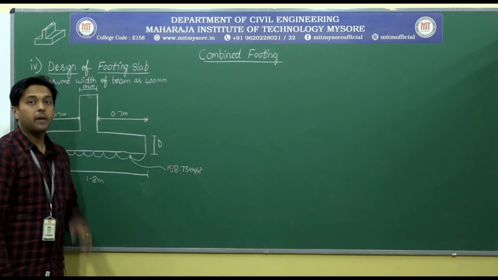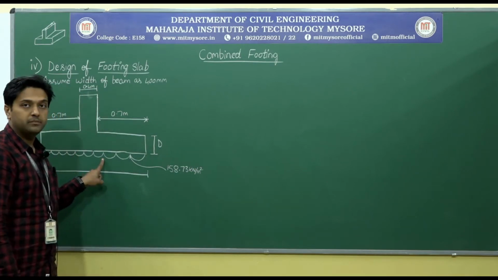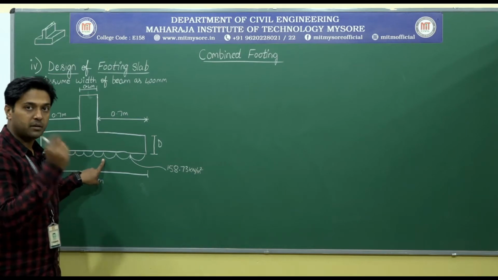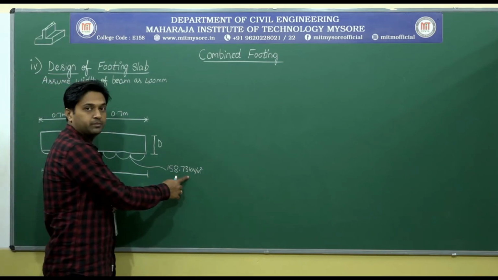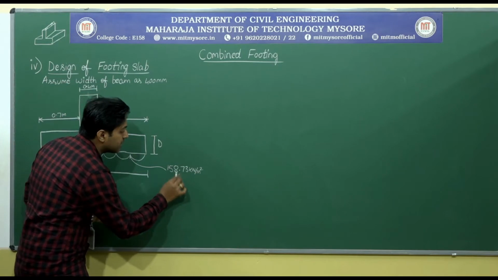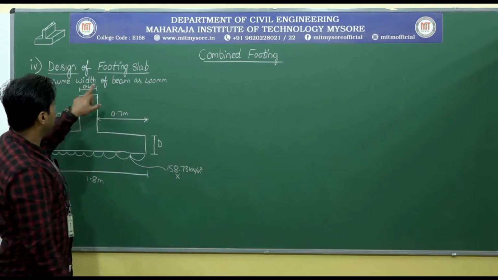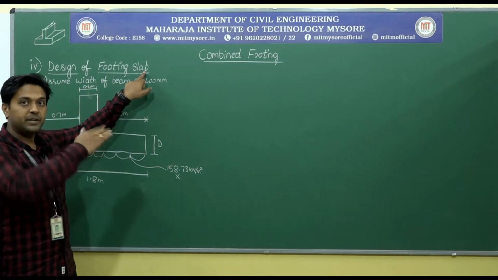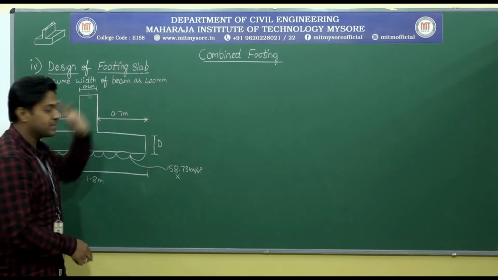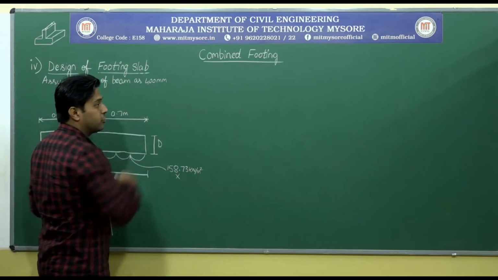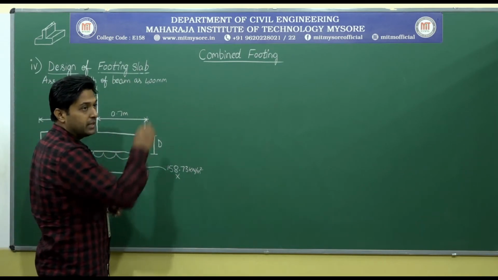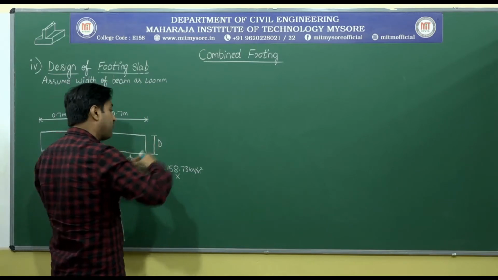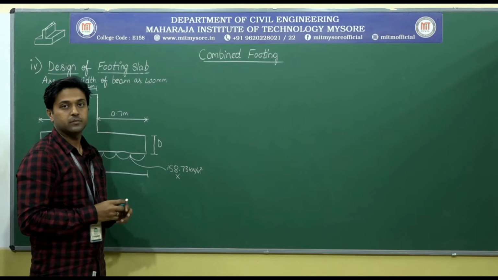Please remember, as it is a UDL, the unit of UDL is kilonewton per meter. I need to convert this by multiplying it with some value. It is the footing slab. In the previous calculation of the BMD and SFD, I considered the total length of 7 meter, and I multiplied 158.73 with the width 1.8.